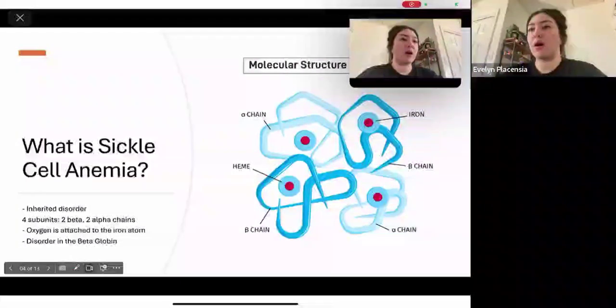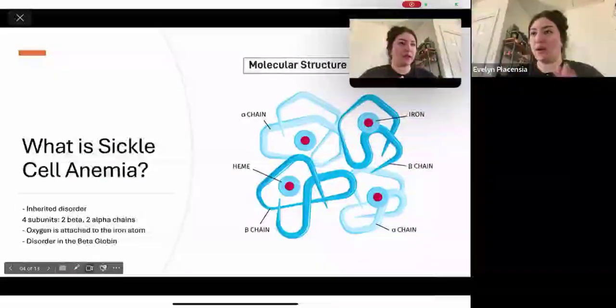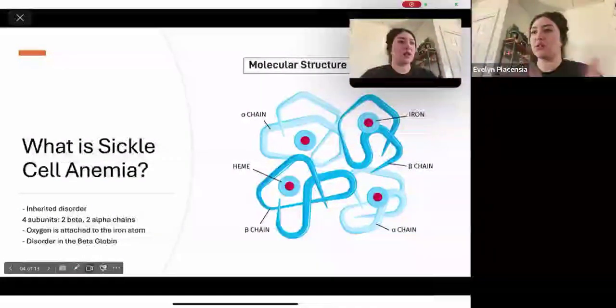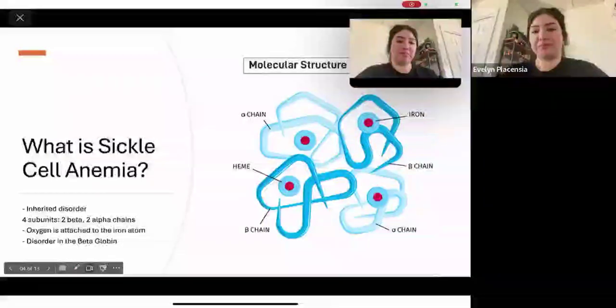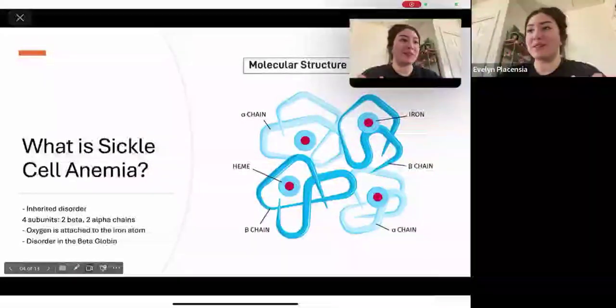Remember, hemoglobin has the binding site, and the iron atom attaches itself to oxygen. This is where it's able to carry oxygen in the cells, and then it gets transported. So this is one singular hemoglobin molecule, and each individual erythrocyte holds millions of these hemoglobin molecules.